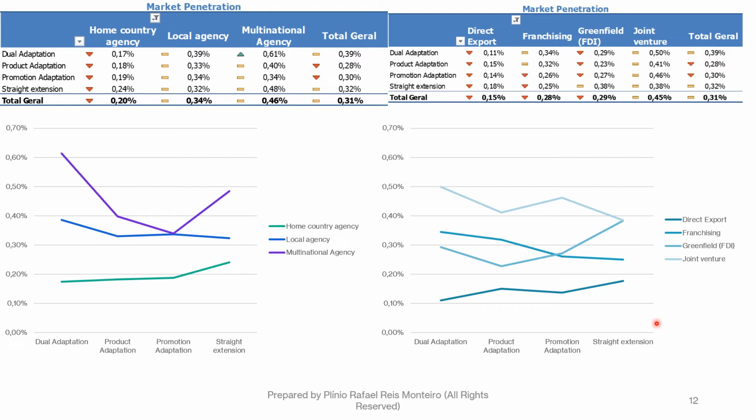Now let's look at the market penetration in terms of entry modes and the product and promotion modes. We have a lot of variation. For instance, in the case of greenfield, you have much better performance in terms of market penetration with the strafe extension.